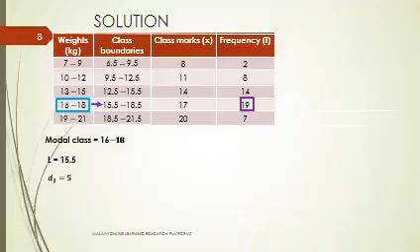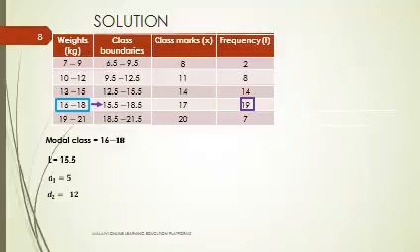The frequency before the highest is 14, so 19 minus 14 gives 5.